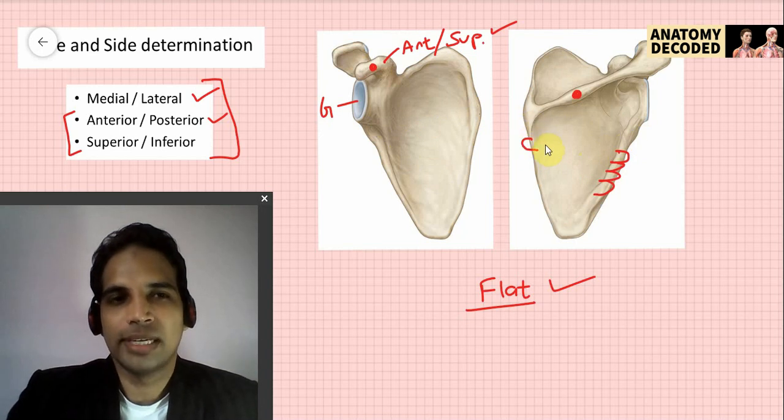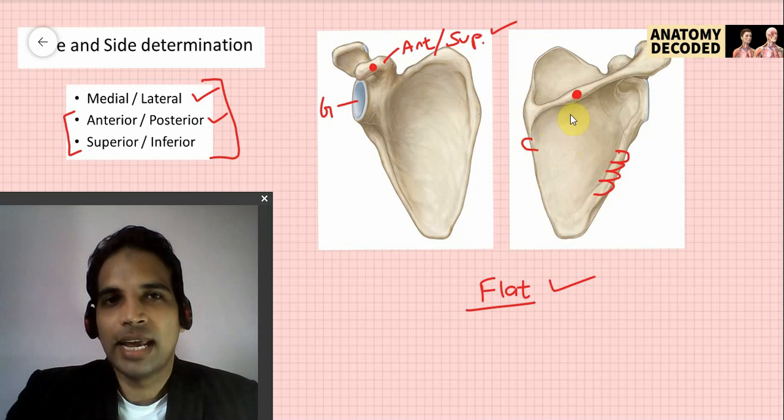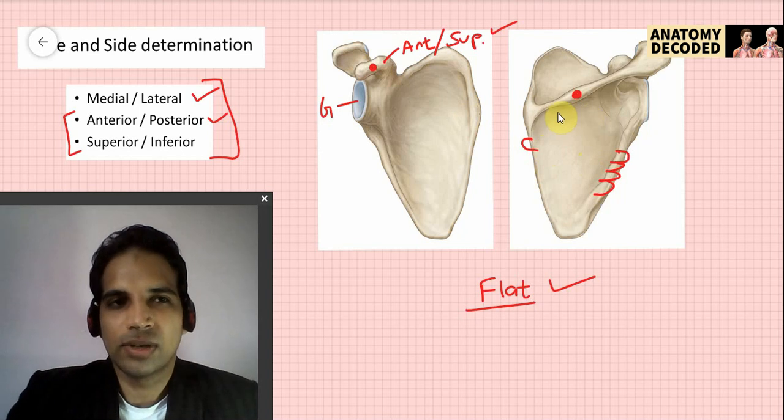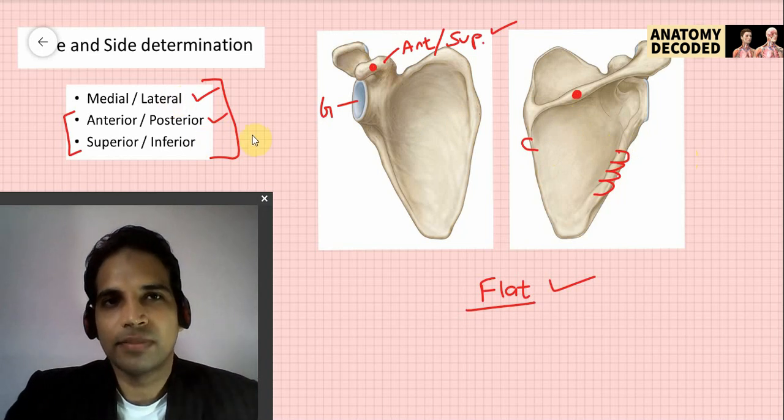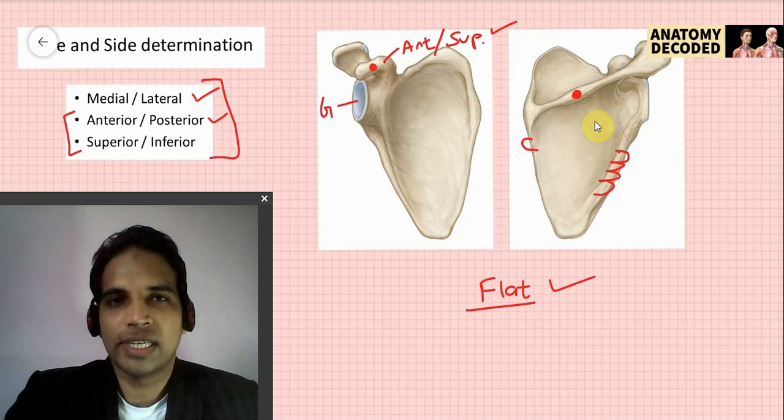That's how we can hold the scapula in anatomical position. So for justifying the side, if we can justify by saying the 3 dimensions, we can definitely say that this bone is of a particular side. As far as these images are concerned, this is the scapula of the right side viewed from the anterior aspect. This scapula is viewed from the posterior aspect.